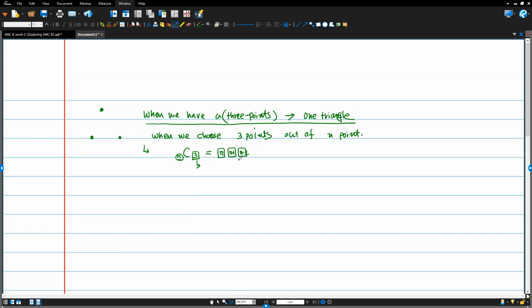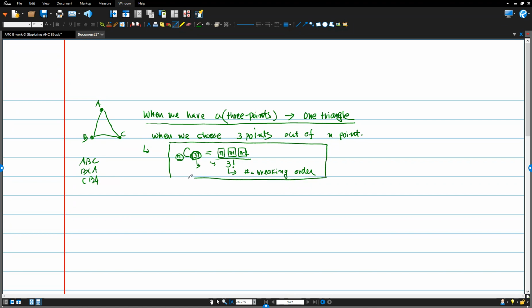But there is no permutation, there is no order, so we have to divide by 3 factorial, which removes the ordering. Because ABC triangle, BCA triangle, CBA triangle are actually only one triangle, not 3 triangles. Okay? That's why we break the order. Just memorize this formula.